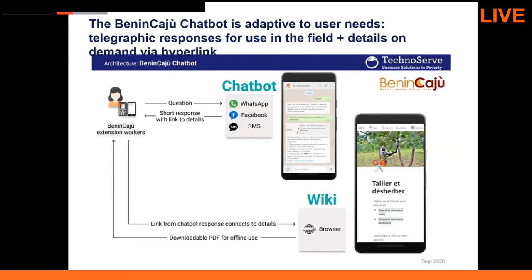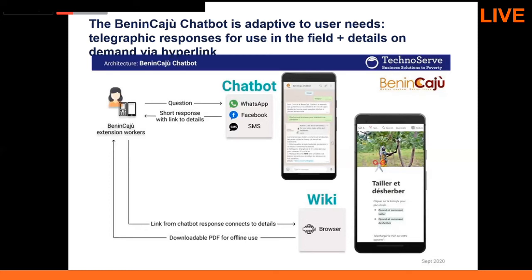So the idea here is to be adaptive to user needs. In addition to providing a quick answer to the question that's posed by the field worker or extension worker, it will also provide a link for additional information on the wiki. So we've got a website that has comprehensive information, and that website allows you to easily download as a PDF the section that you're looking at for use offline.